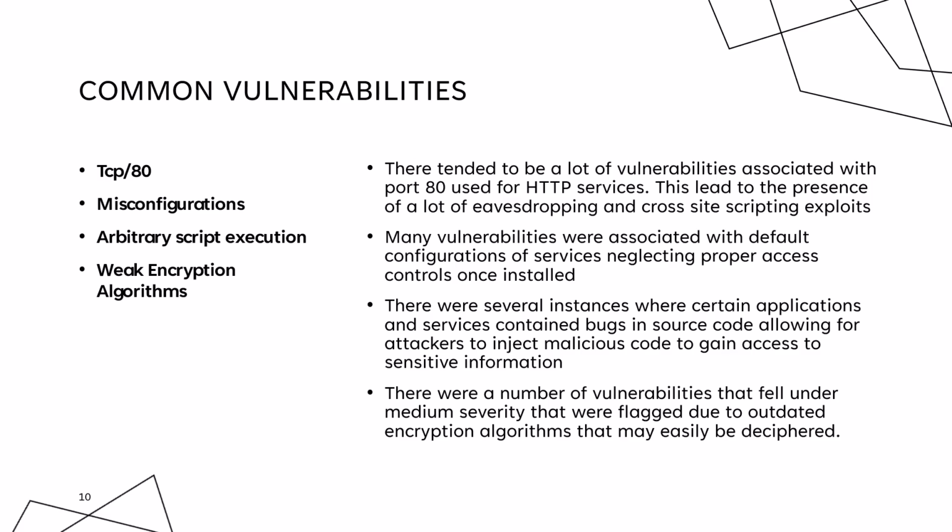Most of these were under medium severity, but there was quite a lot. And the main drawback of this vulnerability is your data can easily be deciphered if your encryption algorithms are weak.